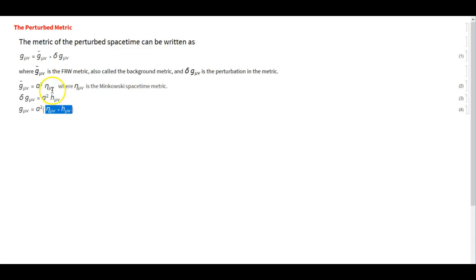So eta mu nu, which is the value in FRW system, becomes eta mu nu plus h mu nu. So you can say h mu nu is perturbation in eta mu nu. a squared h mu nu is perturbation in g bar mu nu. So g bar mu nu perturbation value is equal to a squared eta mu nu. Eta mu nu perturbation value is equal to h mu nu.